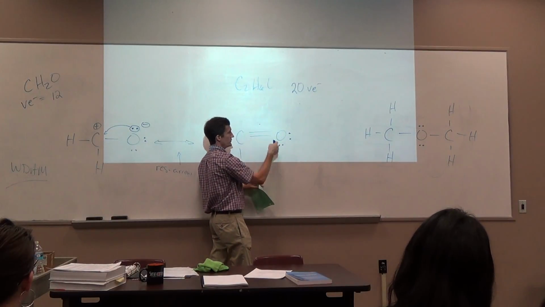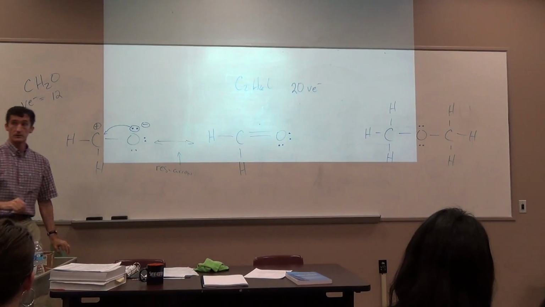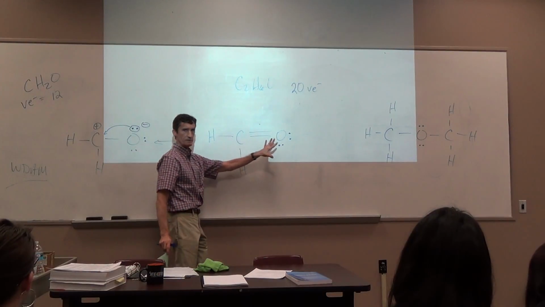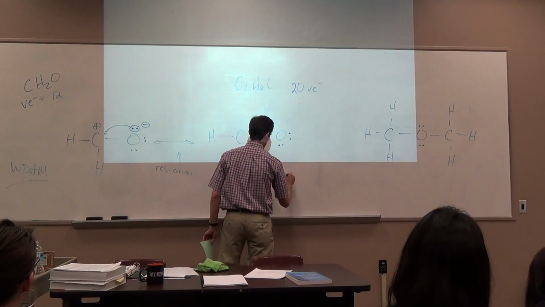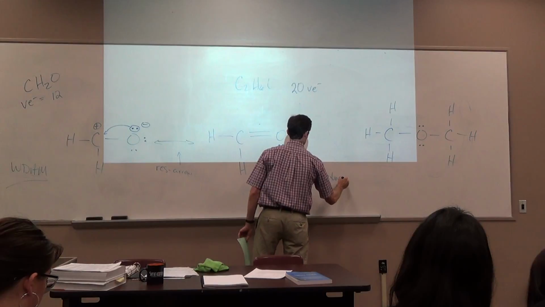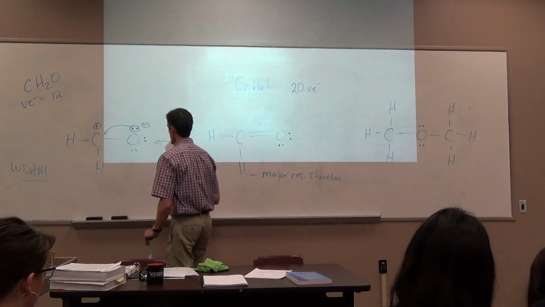Oxygen owns 1, 2, 3, 4, 5, 6. That's how many it's supposed to. Now everything's neutral. Which structure do you like better? The neutral one. Typically, one without charge separation is better. This is what we're going to call the major resonance structure. Okay? No charges.